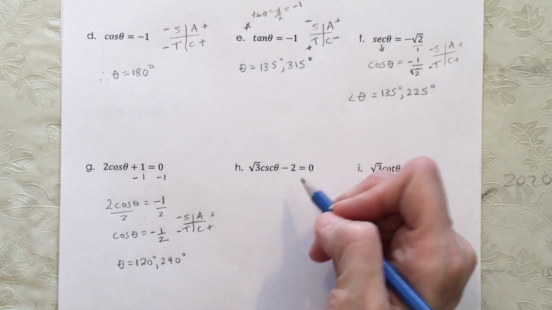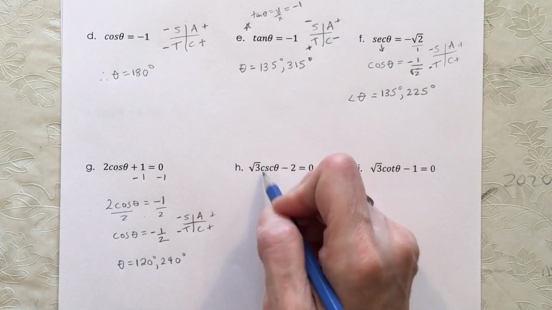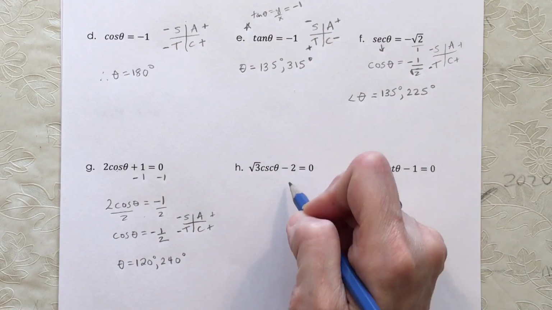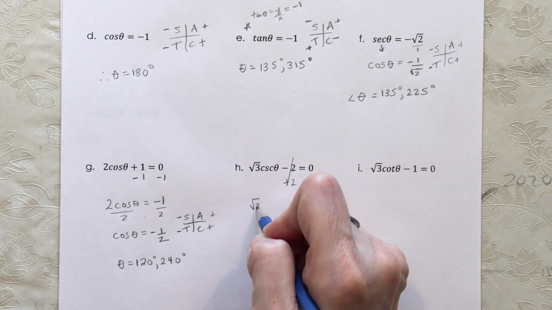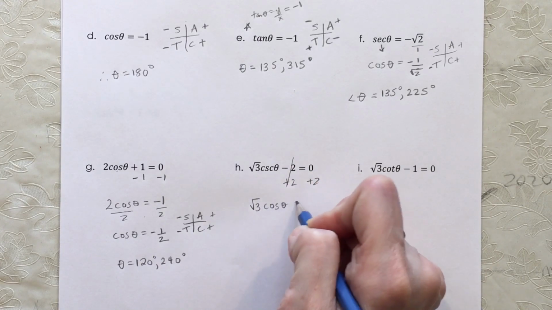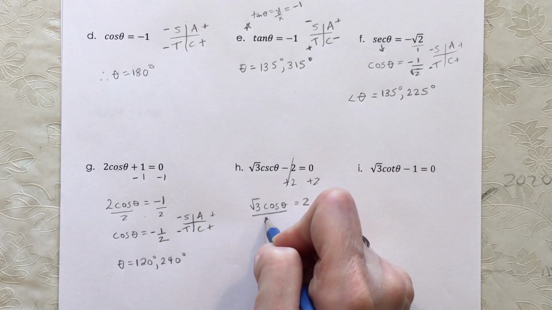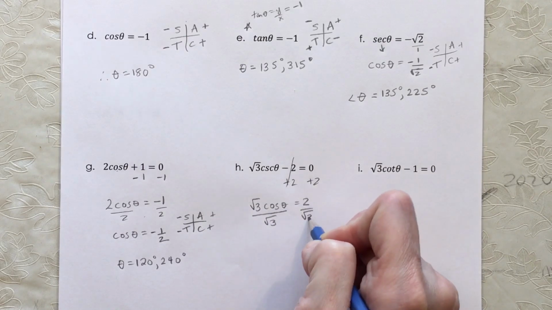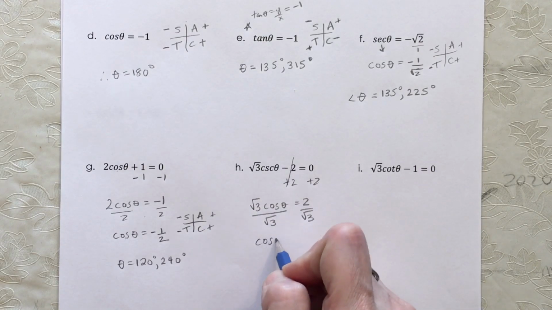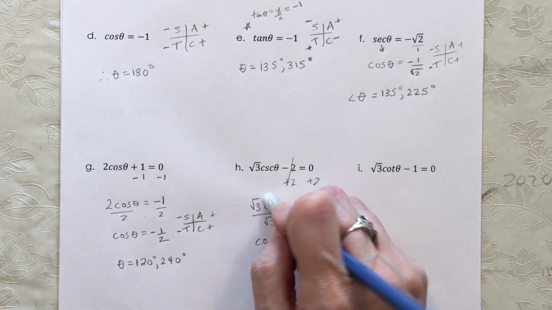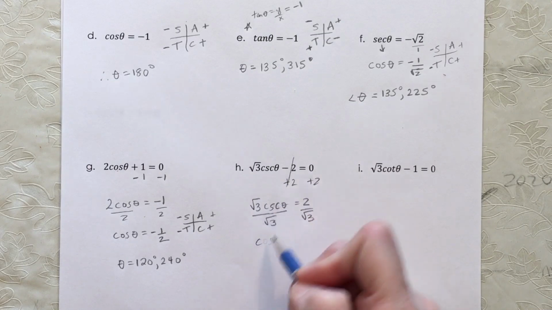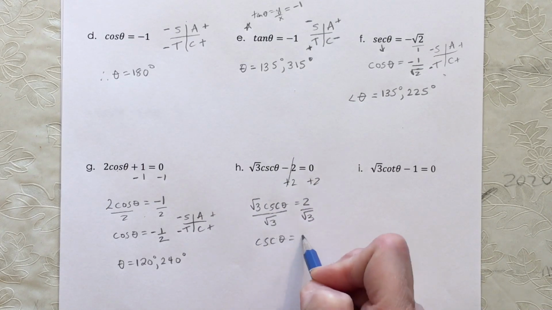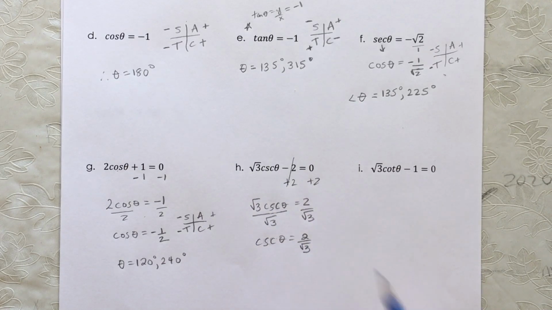All right. Again, we'll get cosecant by itself, and then we'll change it to sine. So first let's add 2 to both sides. Divide both sides by √3. Oh, sorry, this should be cosecant. So we've got cosecant theta equals 2 over √3, but we know cosecant's related to sine.